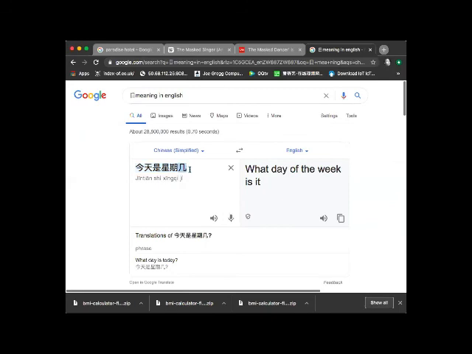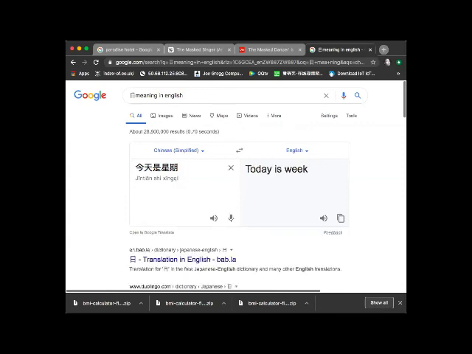And the 几 is the part where we're asking how many or how much. So we are saying 今天 today, 是 is, 星期几 which day of the week. And when we are answering, we simply remove the 几 and replace it with the number of the day.